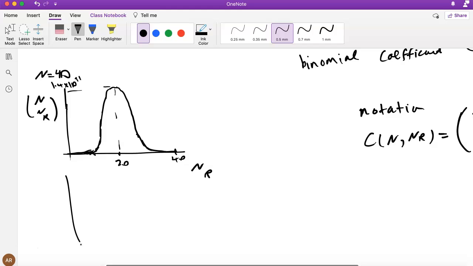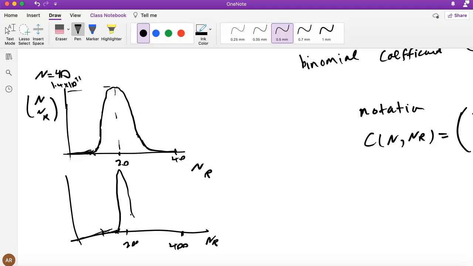If you do n equal 400, say here you have 200, half of it, 100 is here, basically where it's really tiny is around there. So this peak, of course the maximum is huge, it's 1 times 10 to the 119.